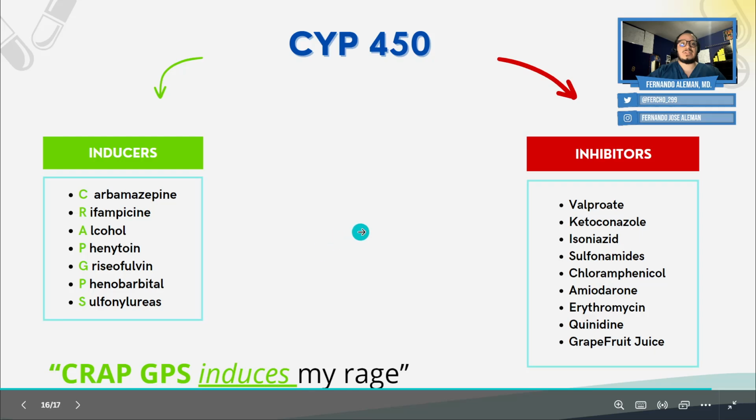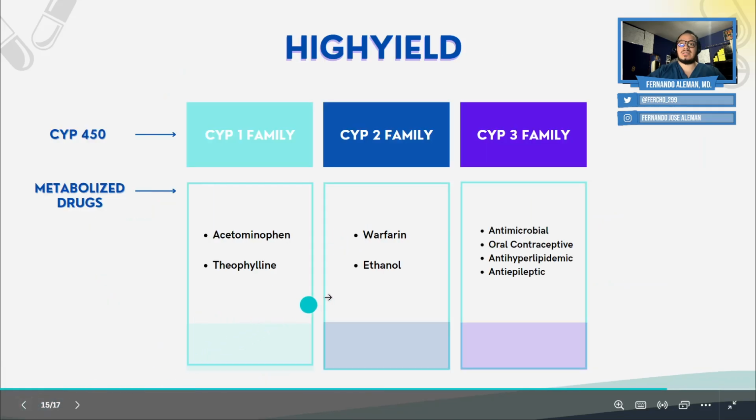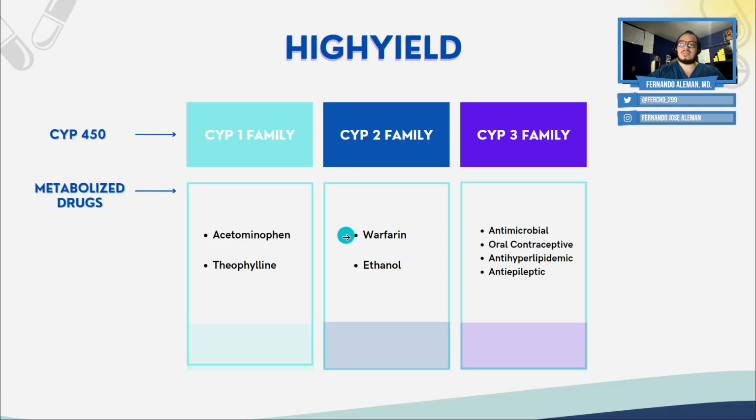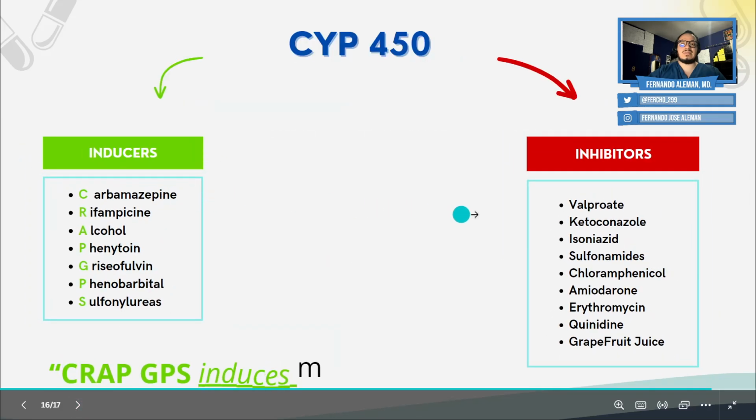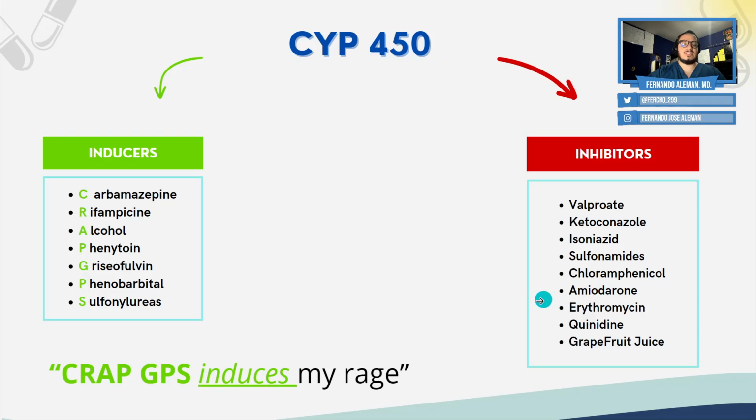So if the patient is having easy bruising, gum bleeding, easy bleeding, we know that these are effects of the warfarin. And the patient is taking acetaminophen and carbamazepine and amiodarone.